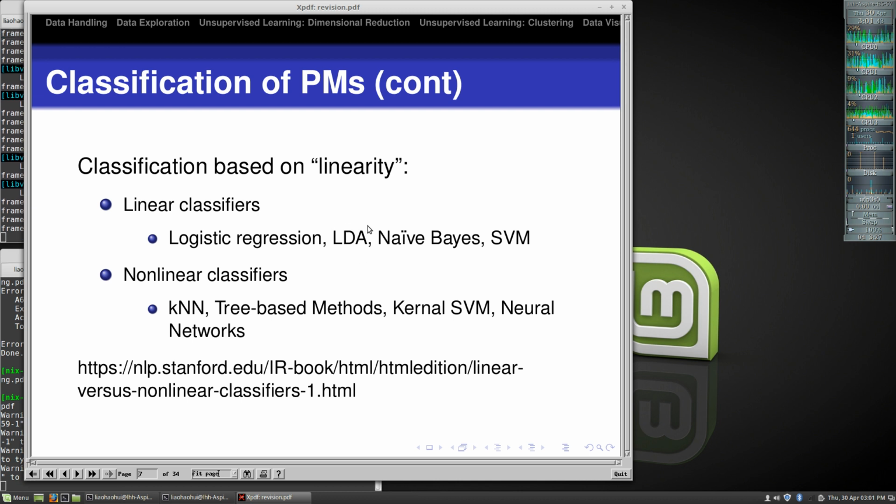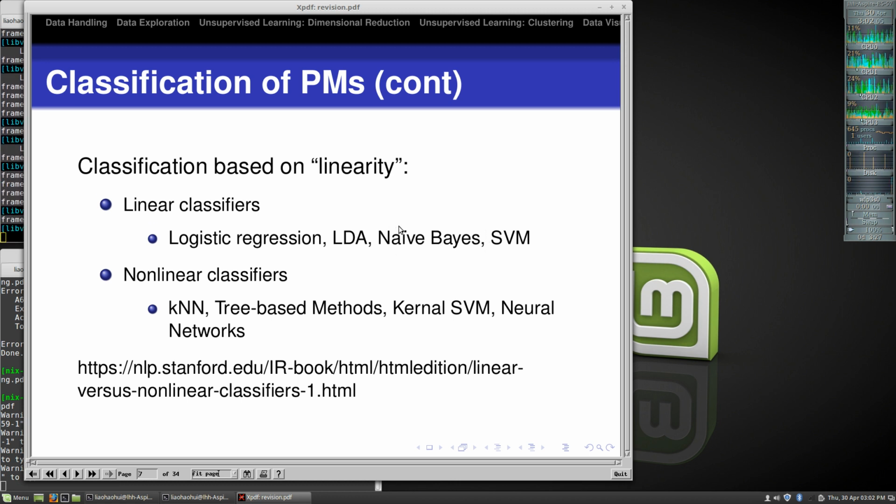LDA, despite being a generative model, when we actually perform the classification of data, we find that it also splits the data just using a hyperplane, so it's also a type of linear classifier.